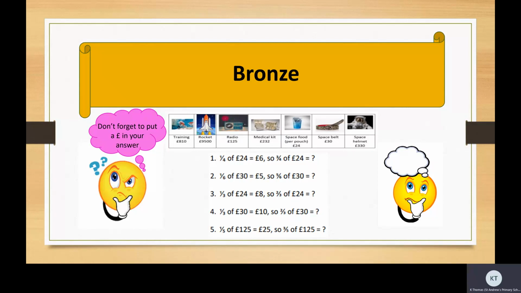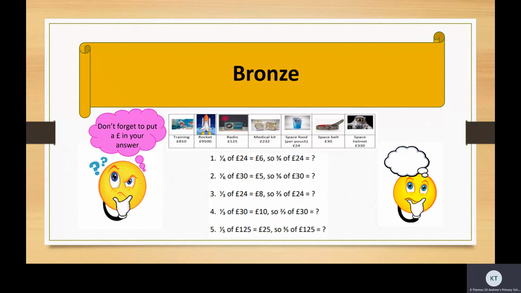You can see that we're carrying on with our space theme and there are items in the table above. The first question gives you some information. It tells you that 1/4 of £24 is £6. So that means 1 piece out of 4 pieces altogether is a quarter. So 1/4 of 24.